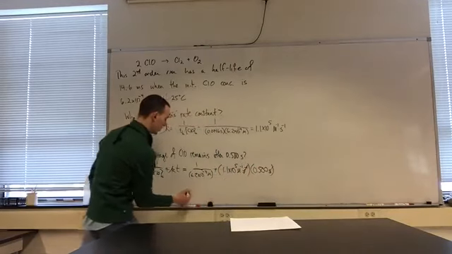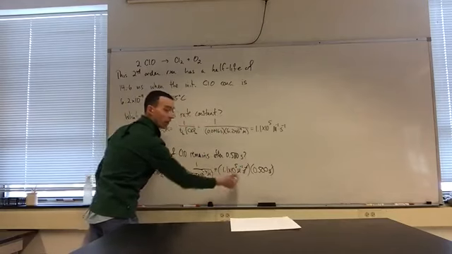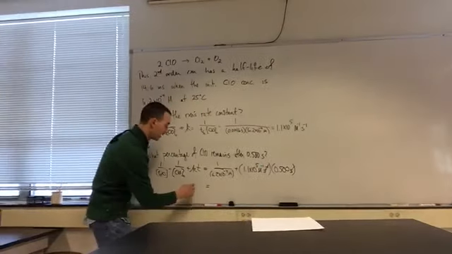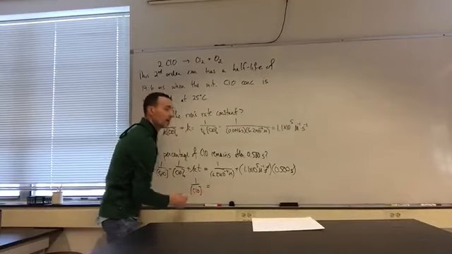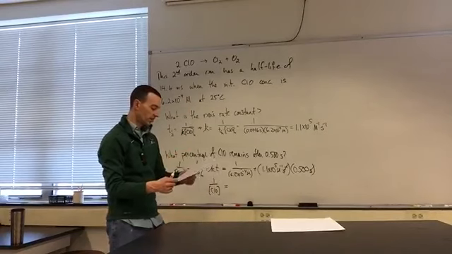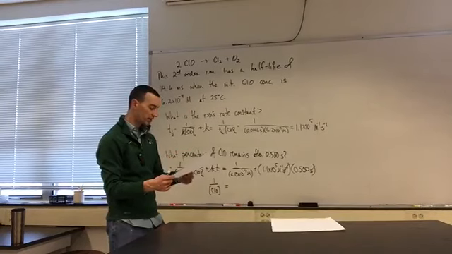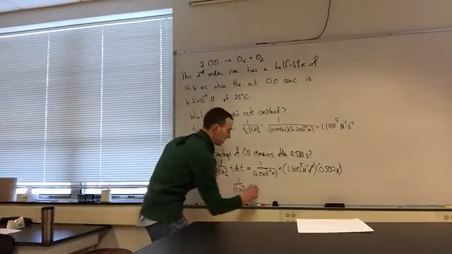So the seconds are gone, and our two units then are 1 over molar, so you see they can add. So this is going to, again, give us 1 over concentration. Just like a few minutes ago, we had ln of concentration. So 1 over the concentration ends up being 5.68 times 10 to the 4th.